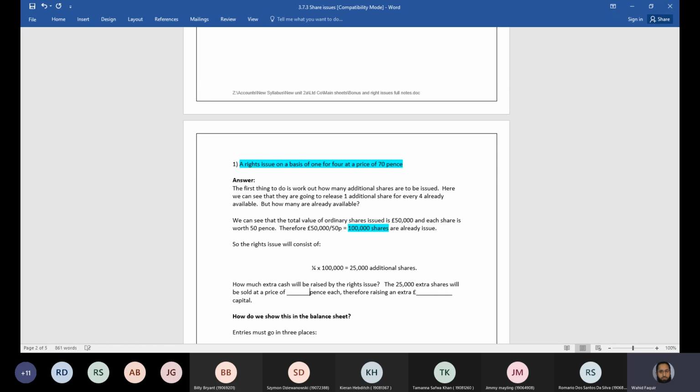How much we're selling them for? Therefore, by now you'd have worked out what the extra capital is. How much is the extra capital then? 17,500. Yeah. Right, guys, make sure you know where these figures are coming from.